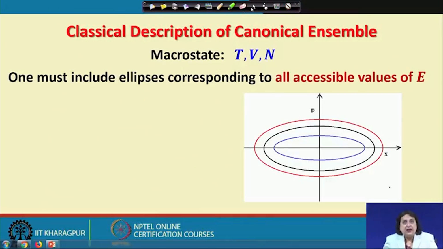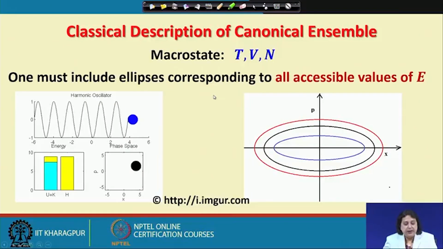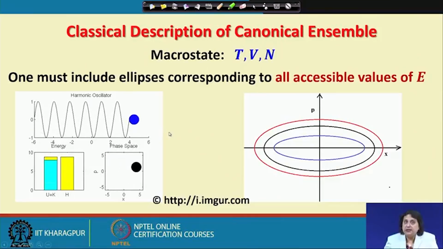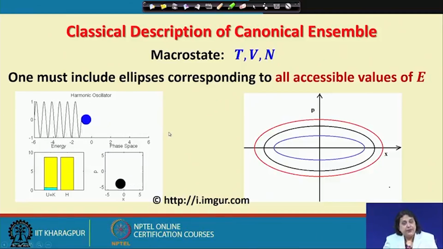And in that case, what I am looking for is all the values of x and p corresponding to this harmonic oscillator oscillating in equilibrium with a thermal reservoir.